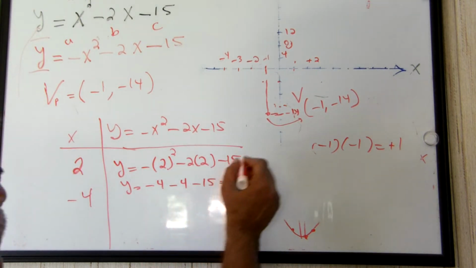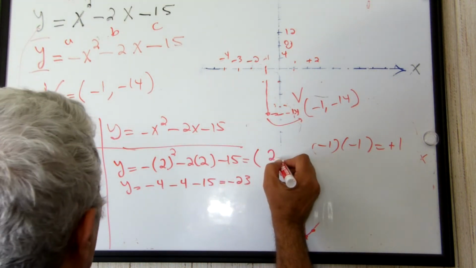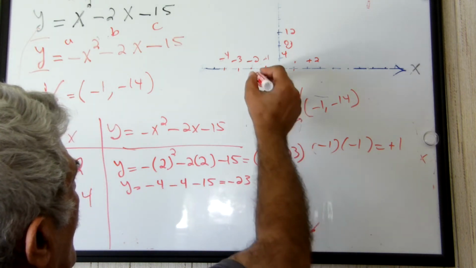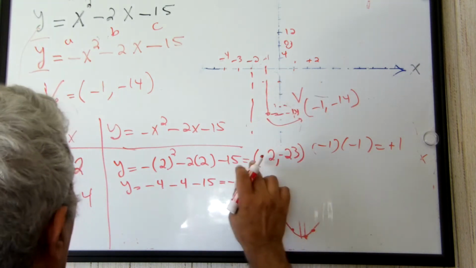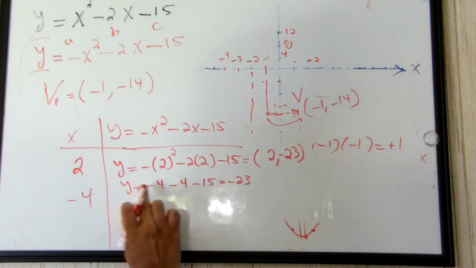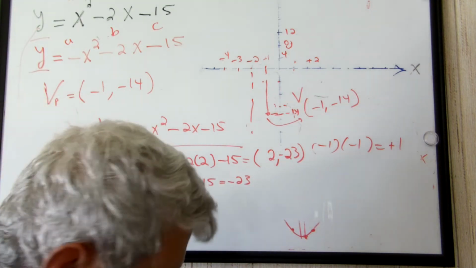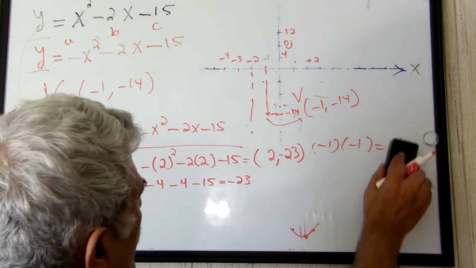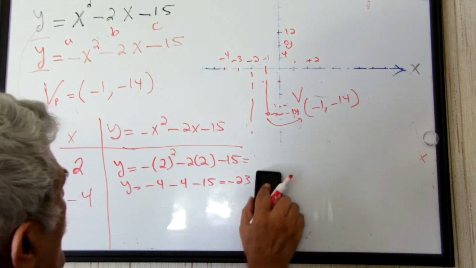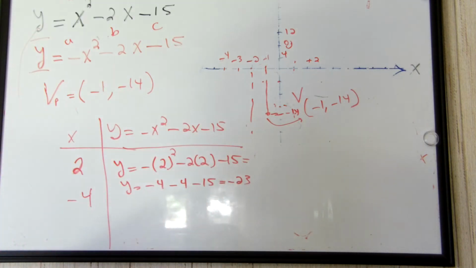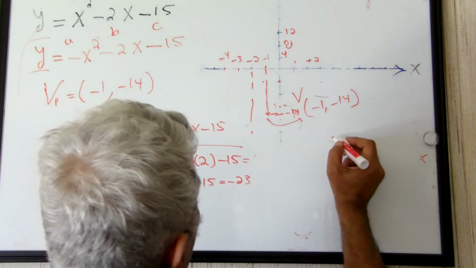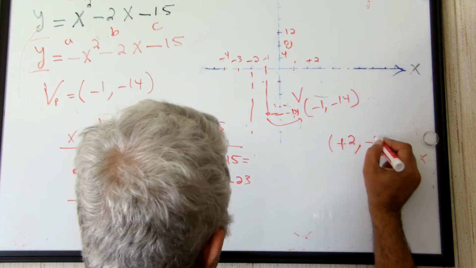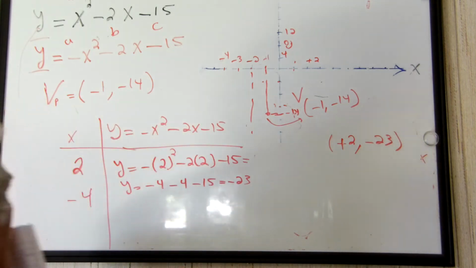So the points are 2 and minus 23. We don't have enough space here. I should have designed this better. We have a point 2, minus 23. This is one of the points.